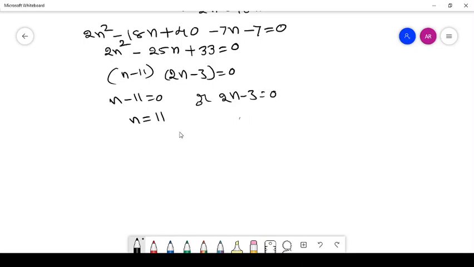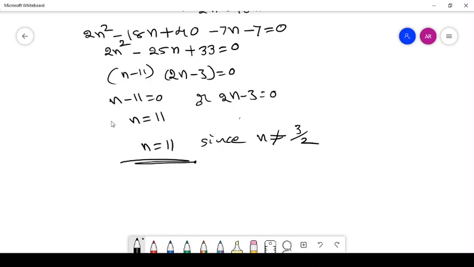But n is not equal to 3 by 2. So therefore n is equal to 11.